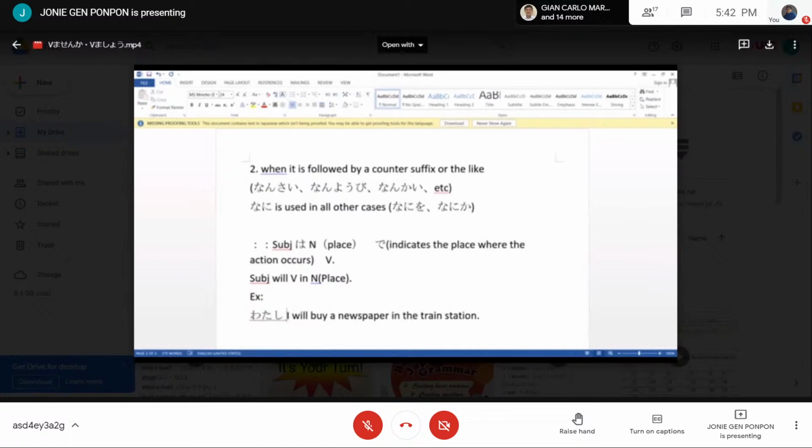When you want to invite someone to do something, you will use this expression. The V here should be a verb, and instead of masu, you will use the masenka. So it will mean that you want to invite someone to do this action or to do something.